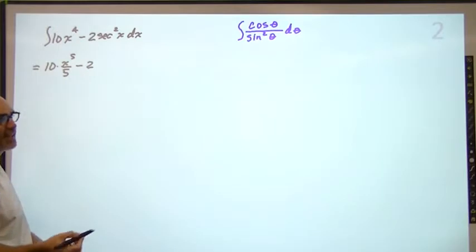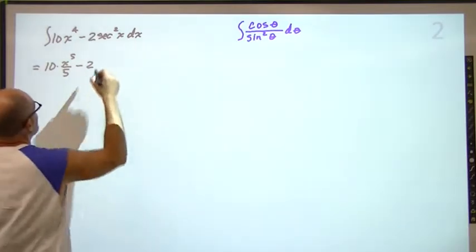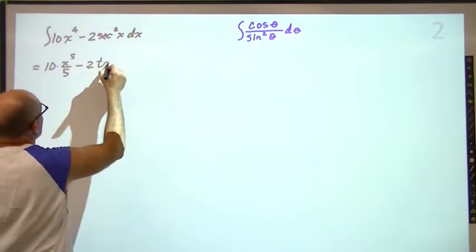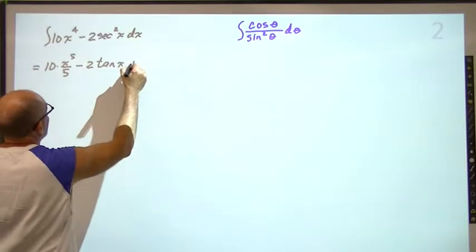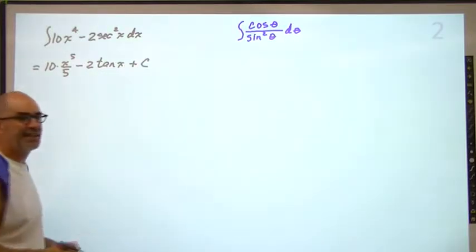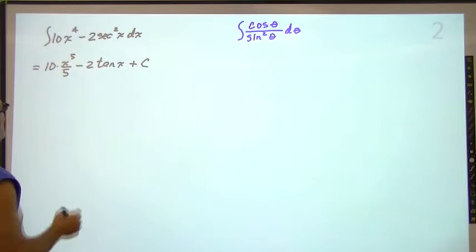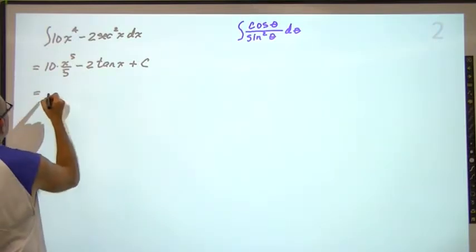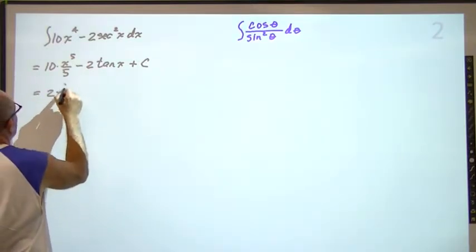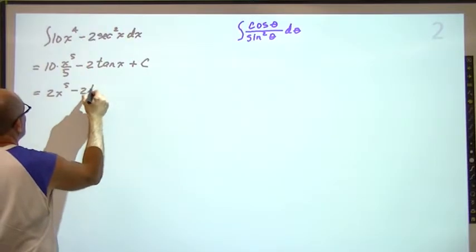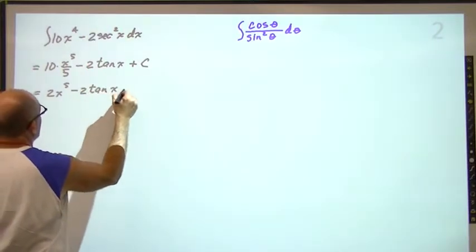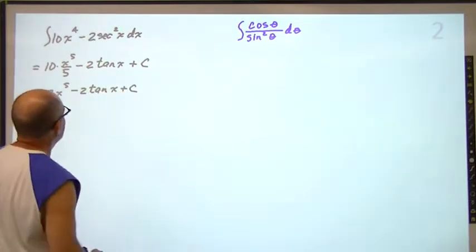Now, the integral of secant squared is tangent x. And then we have our plus c, of course. So this ends up being 2x to the fifth minus 2 tangent x plus c. That's it, game over.